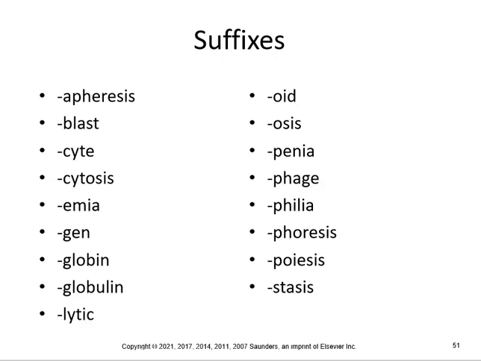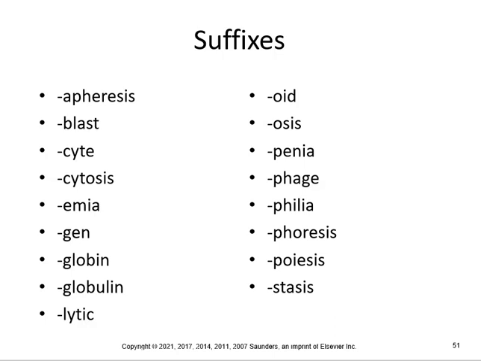Lytic, so thrombolytic, treatment that destroys blood clots. Oid, myeloid, derived from bone marrow. Osis, thrombosis, abnormal condition. So you have cytosis or osis, which would be abnormal condition.